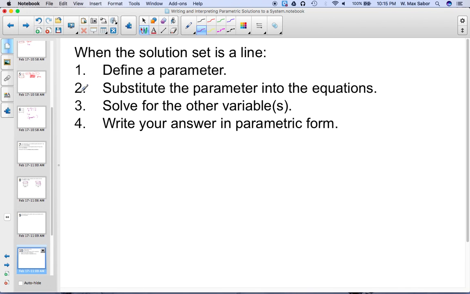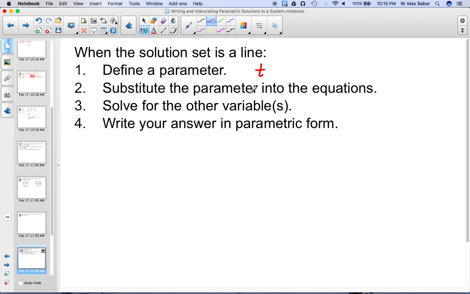But when the solution set is a line, we have to go a little further. We have to define a parameter, substitute the parameter into the equations, solve for the other variables, and write your answer in parametric form. So typically, I'll use the parameter t. The text that I shared online typically uses a.